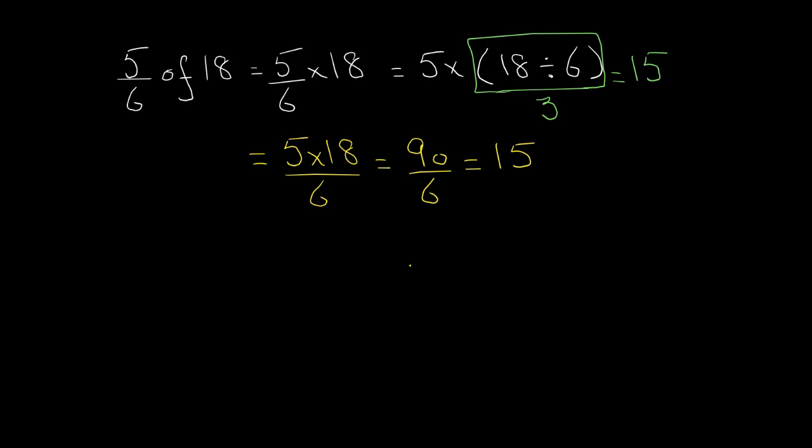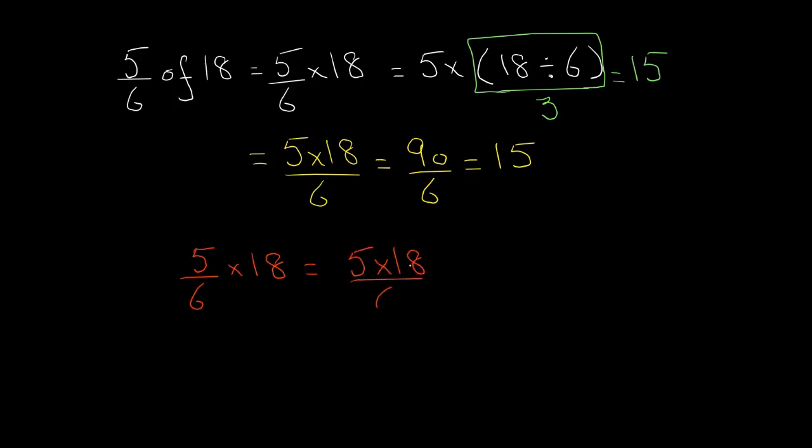But we have learned a very important thing, which is what I wish to summarize here. If you have a multiplication like 5 over 6 multiplied by 18, we have done a really remarkable job. We've been able to define this to be equal to this number.